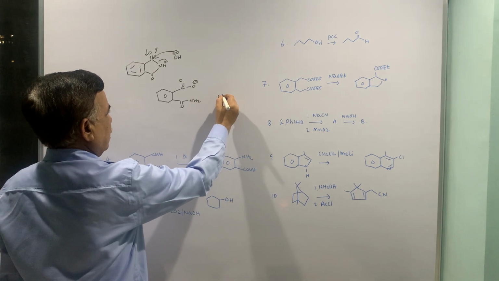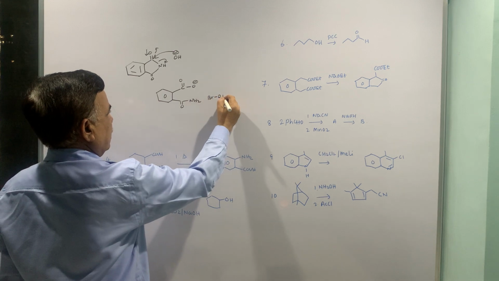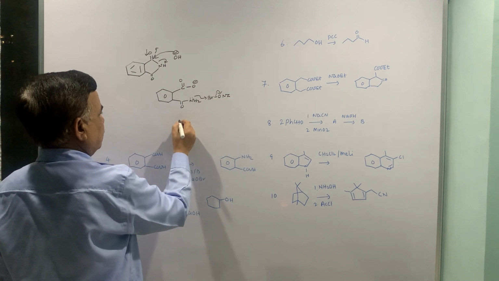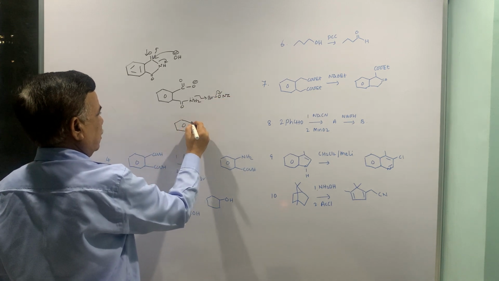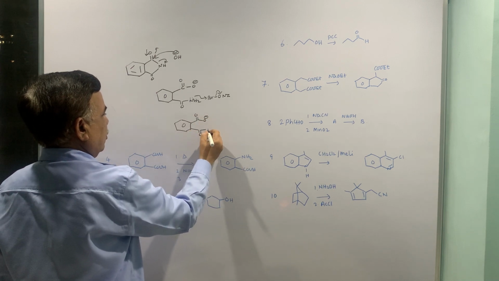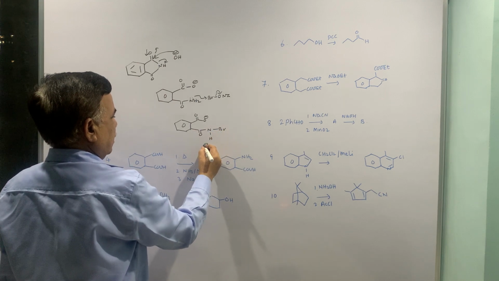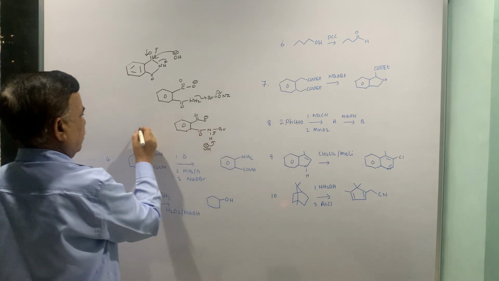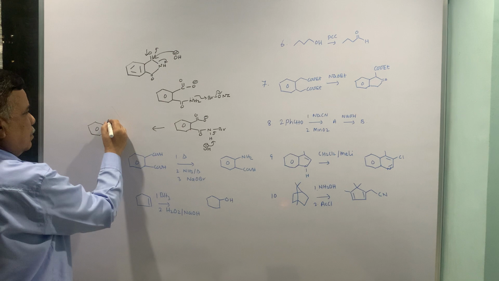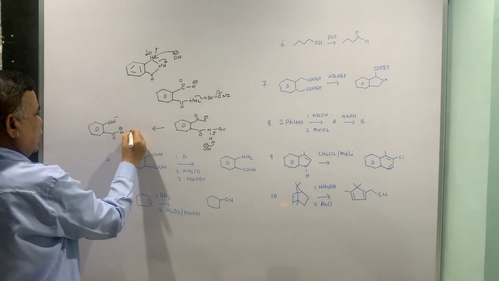then interacts with your, I'll put Br this side just for the sake of convenience. COO minus, C double bond O, NHBr, then OH minus abstracts the proton, I'm putting this side, COO minus, CON minus Br.